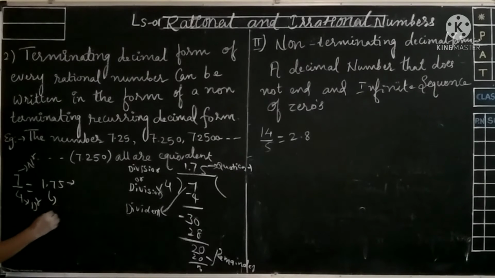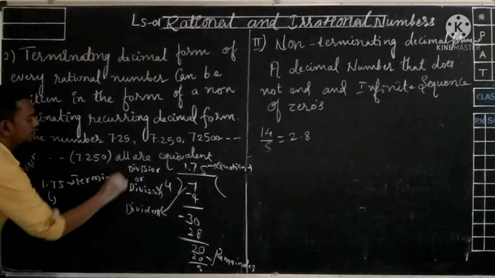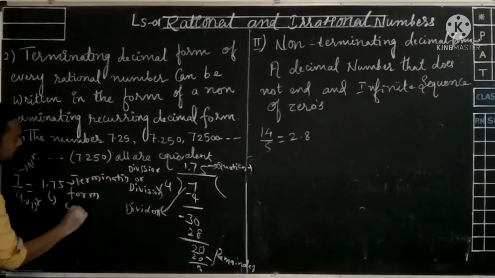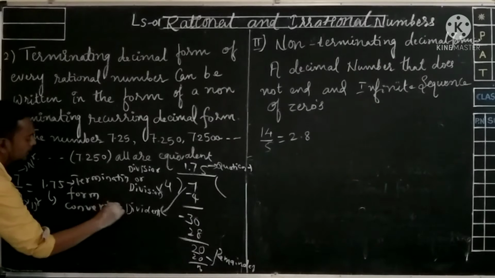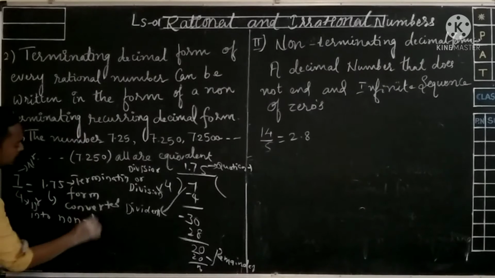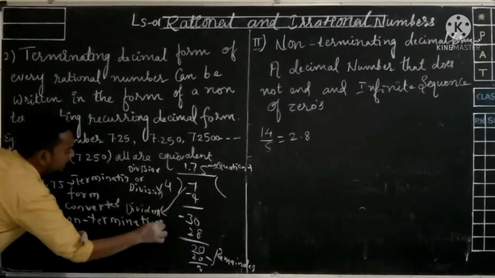Okay, now 1.75, the terminating form, is converted into non-terminating recurring form.